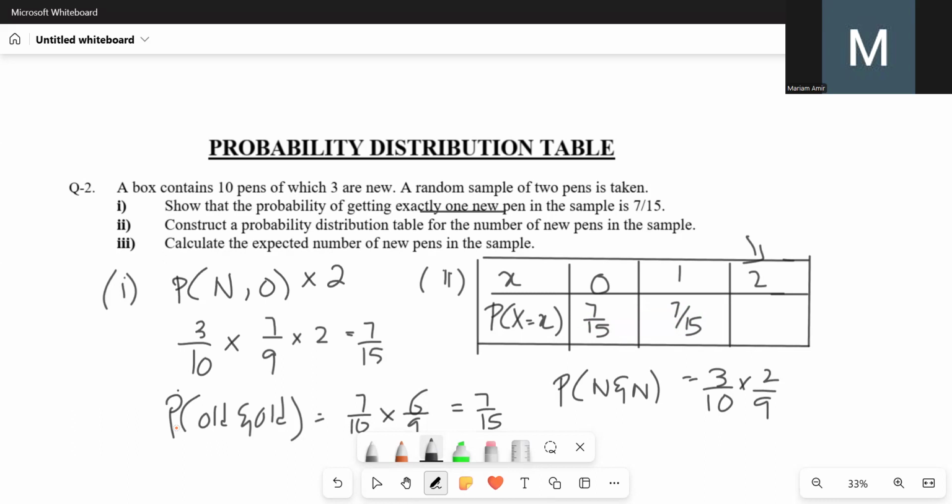This comes out to be 1 by 15. And if you had added these two and then subtracted it from 1, we would have gotten 1 by 15 again. This is 1 by 15. Okay. All right. So moving on.